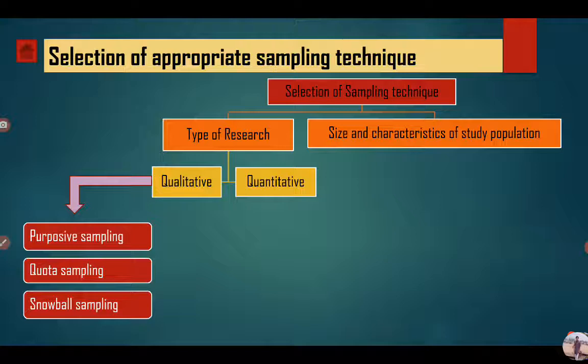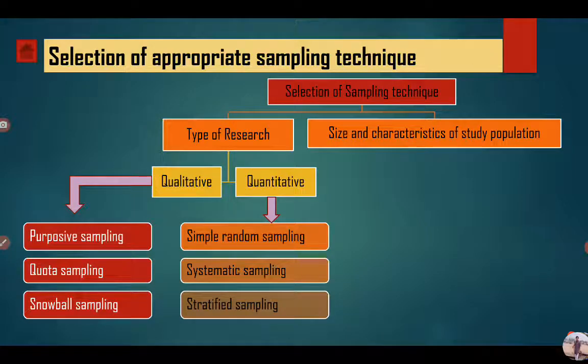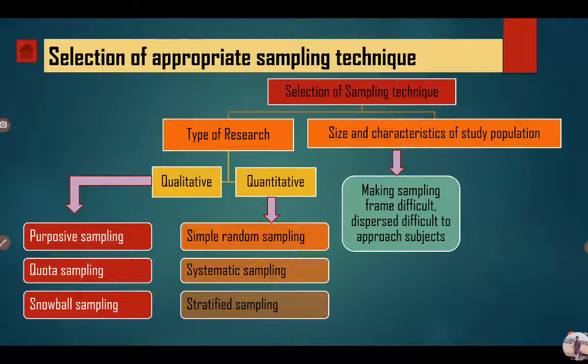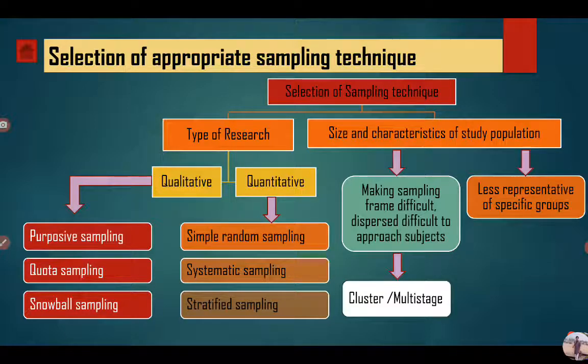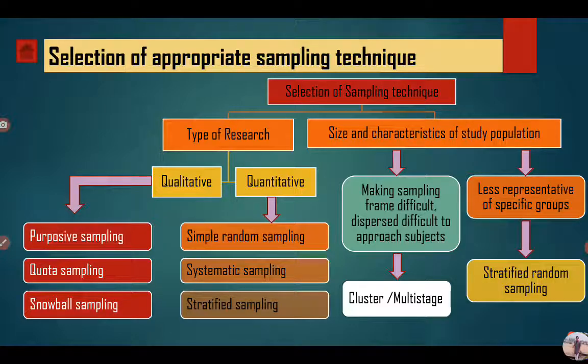In quantitative research, simple random sampling, systematic sampling and stratified sampling techniques are used. According to size and characteristics of the population, if the sampling frame is difficult to make, or the population is dispersed and difficult to approach, then cluster or multi-stage sampling is used. If the population is less representative of a specific group, then stratified random sampling is used.